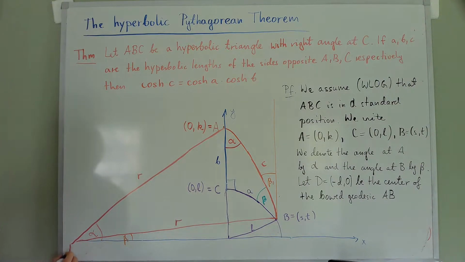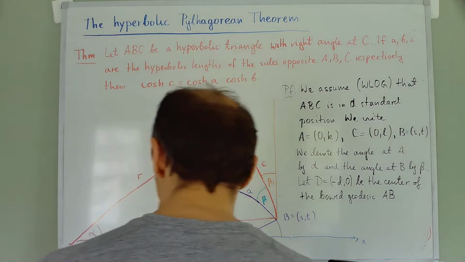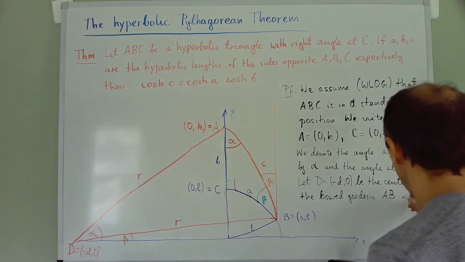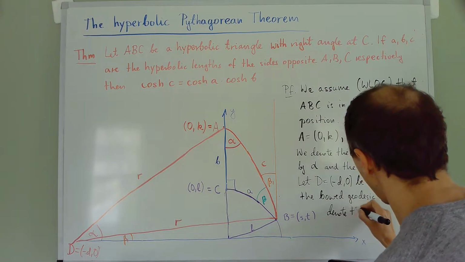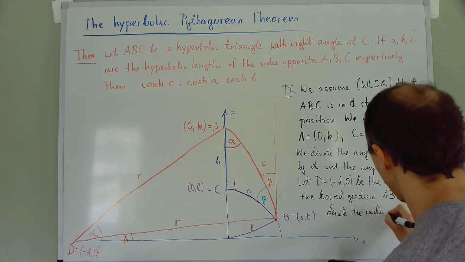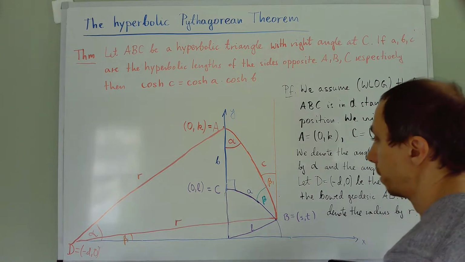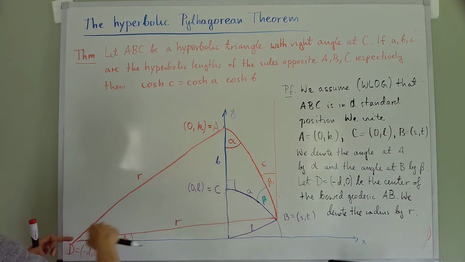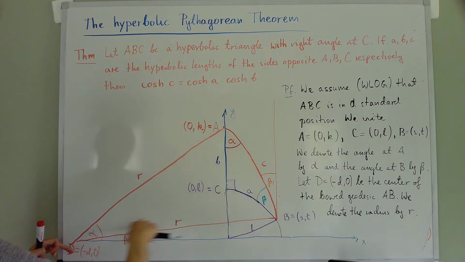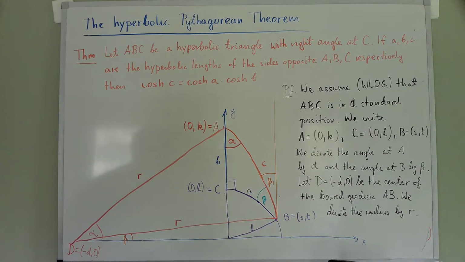Okay, so that's D, whose coordinates are (negative d, 0). So we denote the radius by R. So this here is a sector of that circle. This is R, and that as well is R.